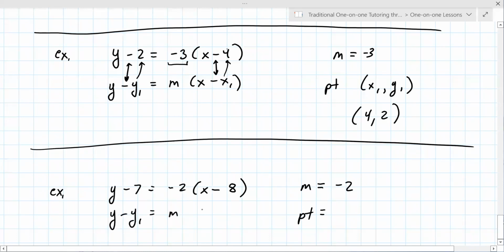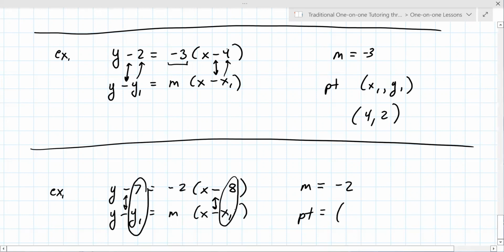Let's write the formula. I'm writing it here, but you can see it on your screen. If these are the same operator, it's just the number without the sign. Same thing on this other side. If it's the same operator, subtraction in this case, it's just the number. So the point, it's x and then y.